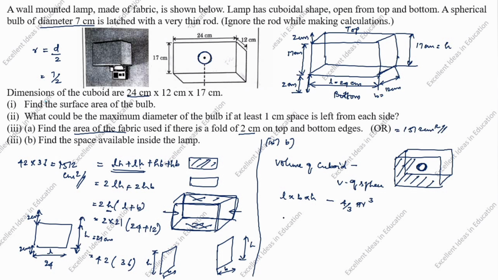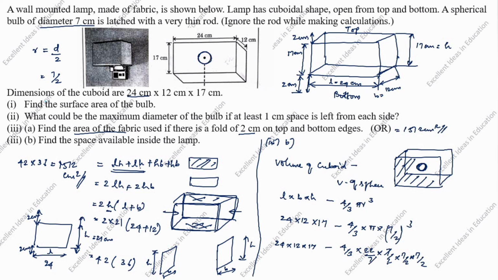L is given as 24, B is given as 12, H is given as 17, minus 4 by 3 into pi into r, r is 7 by 2, 7 by 2 the whole cube. Next, 24 into 12 into 17 minus 4 by 3 into 22 by 7 into 7 by 2 into 7 by 2 into 7 by 2.